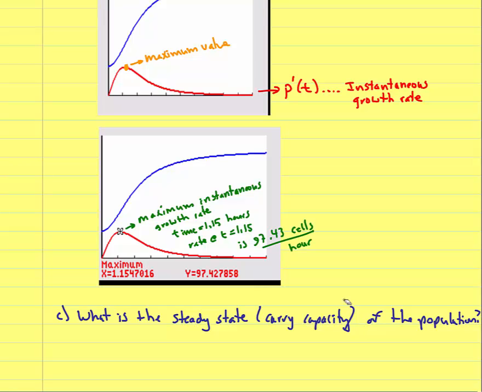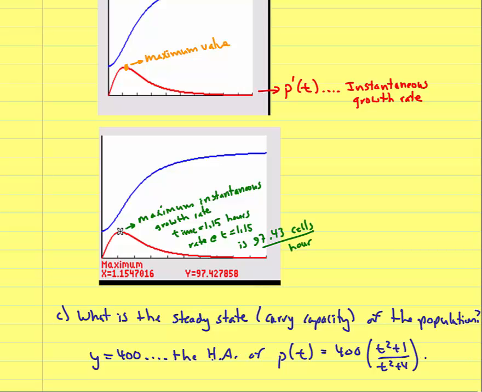We already answered this because basically it was our horizontal asymptote, and this was y equal 400. The horizontal asymptote of my growth, P of t, my population. So that was 400, from t squared plus 1 over t squared plus 4. So again, it was the horizontal asymptote of my population.